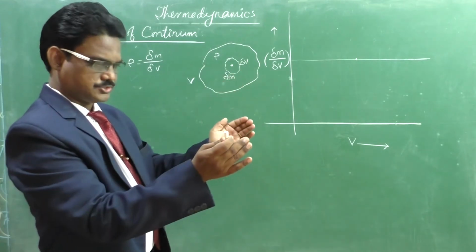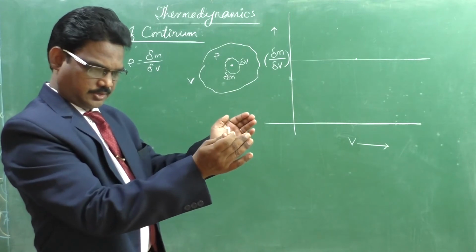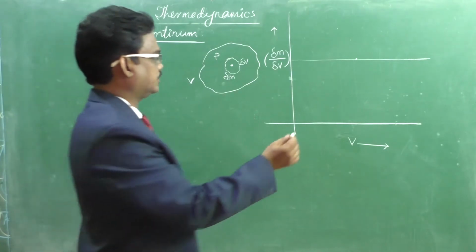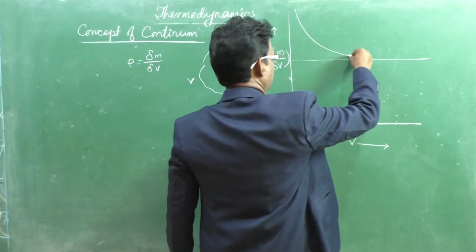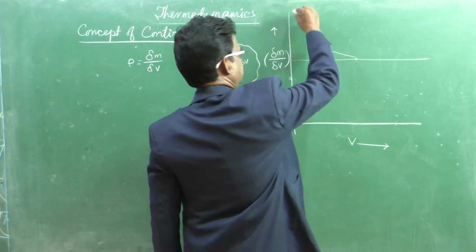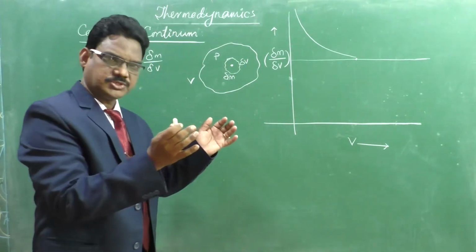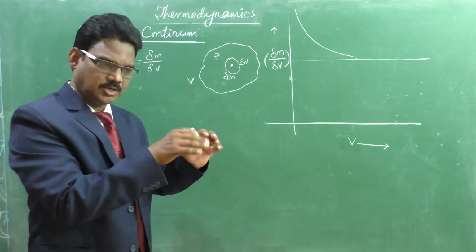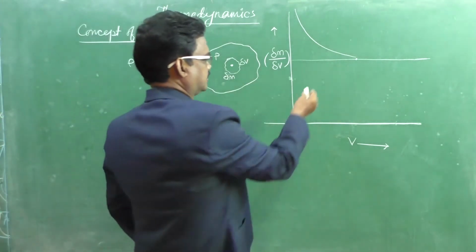Now the volume delta V shrinks. When it shrinks, the molecules may come together, and when they come together, the density will increase. It will increase like this. Suppose the volume shrinks and sometimes the molecules present inside the volume come out, then the density will decrease.